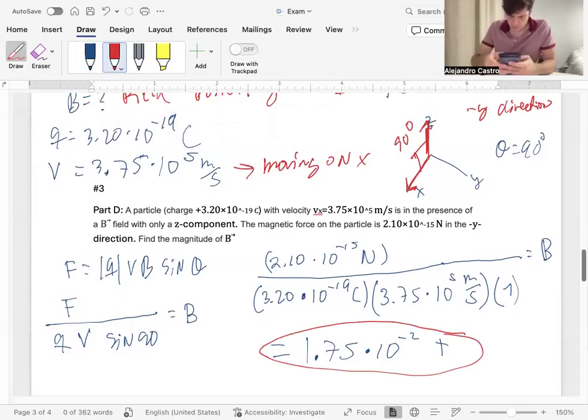We double check. Yeah, I believe that's correct.